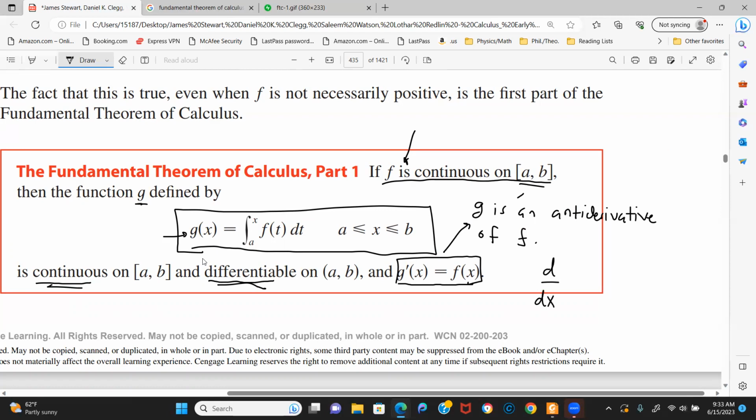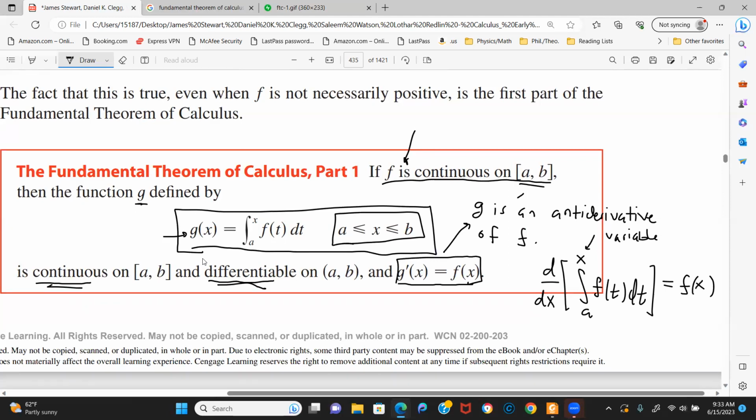It says that the derivative of this integral from a to x, notice the upper bound is a variable. It's not the integral from a to b, it's a to x. So x is your variable, it's changing. It can be some number from a to b. When you differentiate the integral of f(t) dt, you get f(x).